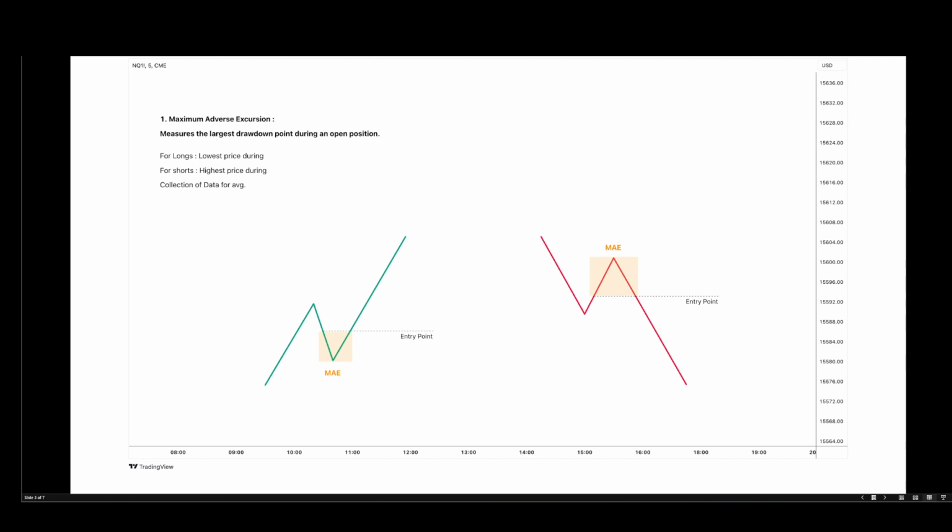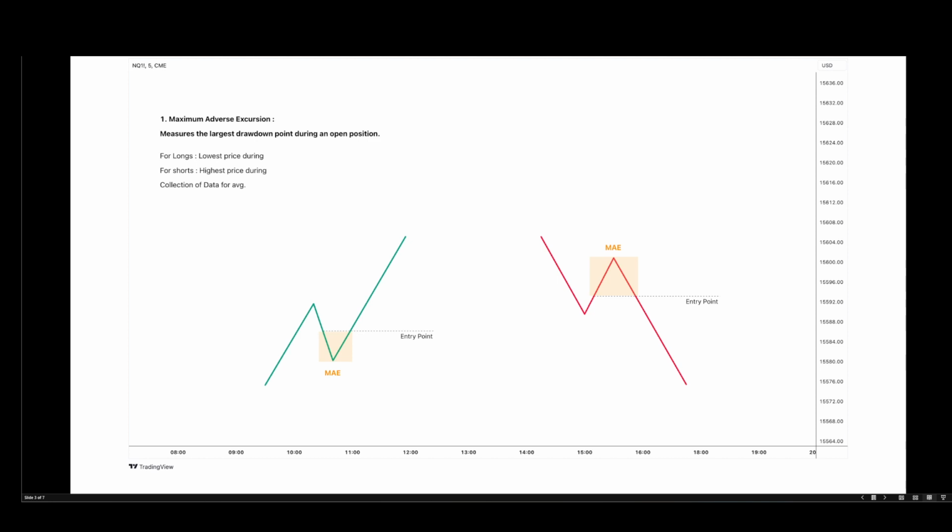So it is important to note how far a trade goes against you, right? Because if it goes against you a lot, then you might want to ask yourself, if my MAE average is incredibly high, then there must be something going on with my entry point, right? We start to question these things.